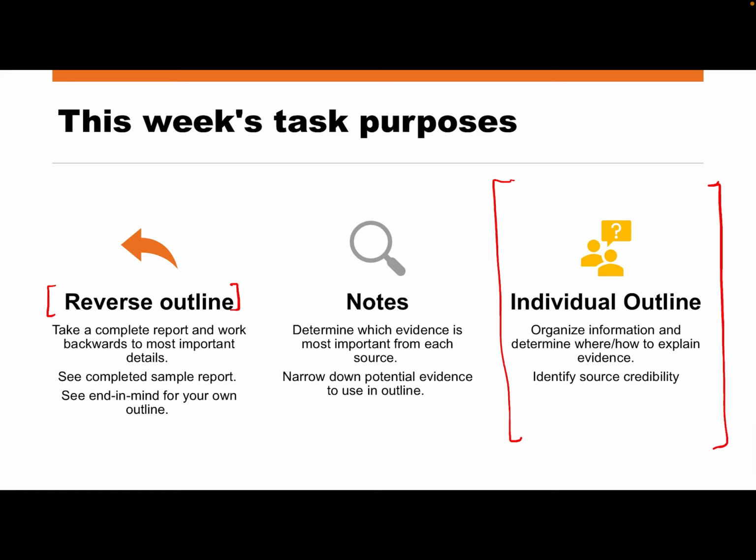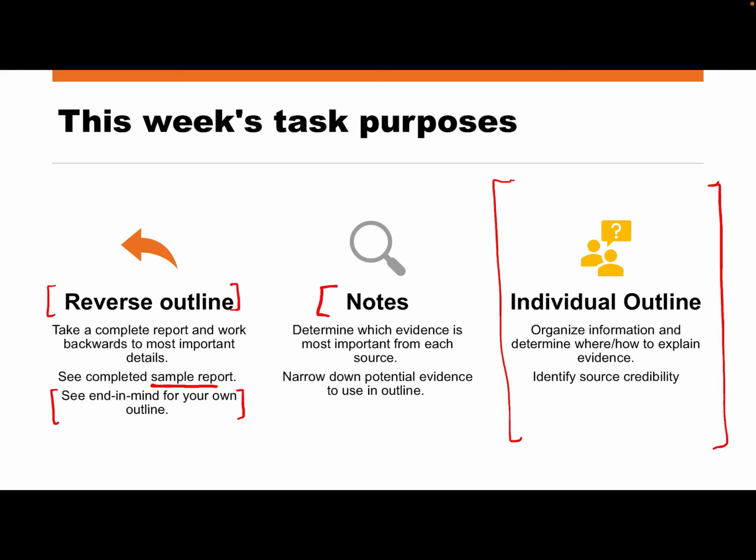You also ultimately get to see the sample report for what yours is hopefully going to start emulating when we start writing, and then it's also going to give us a chance to practice writing an outline, because the more information we have in our own outlines at the end of the week, the easier it will be to write. So we're going to go through the outline making process, albeit backwards.